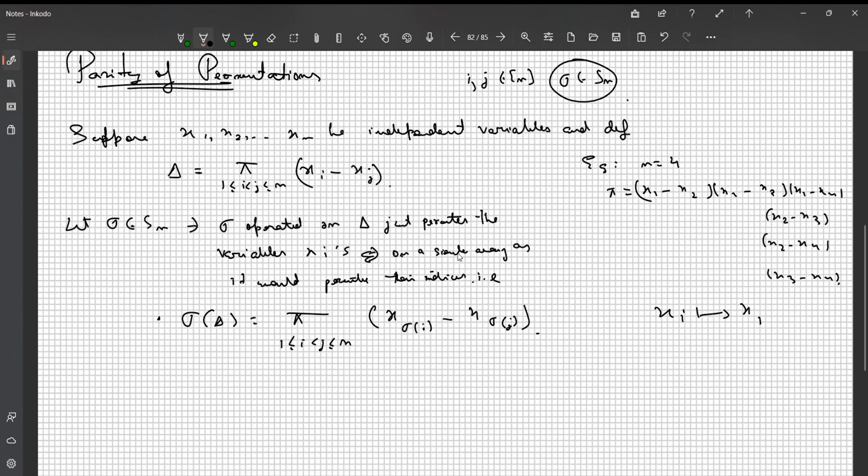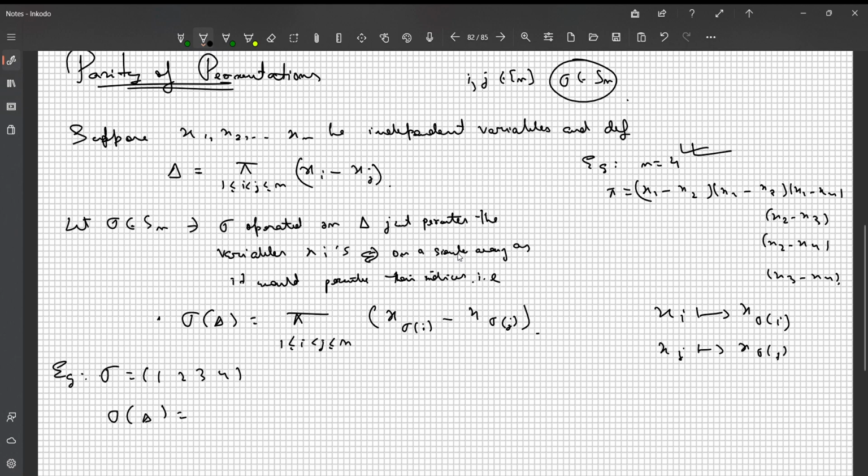So sigma is a permutation inside Sn, right? So sigma will permute the elements i, j. So xi is mapped to x sigma i and xj is mapped to x sigma j. So this is a way in which we can think of this. Clear? So let's consider an example again.